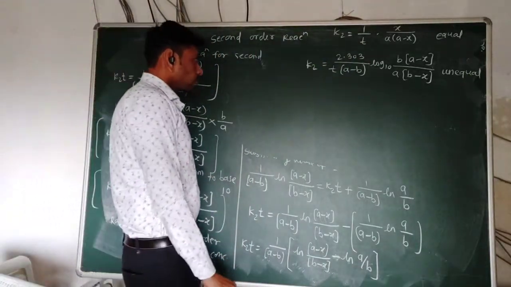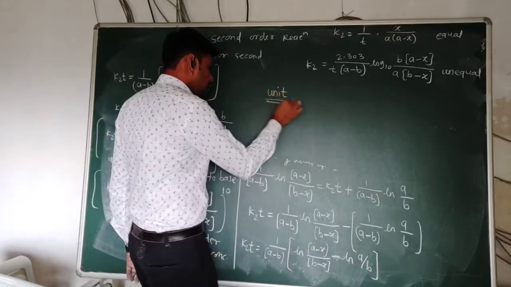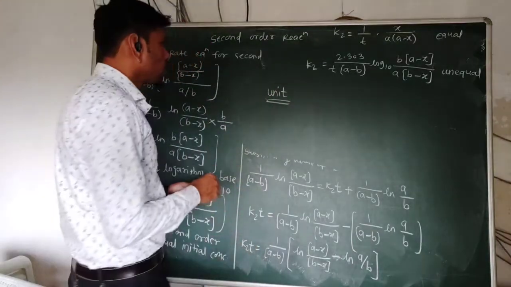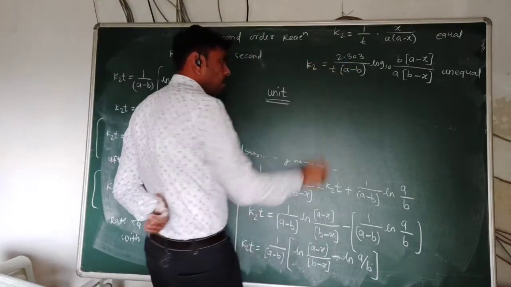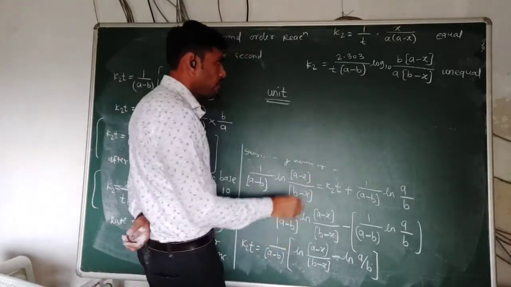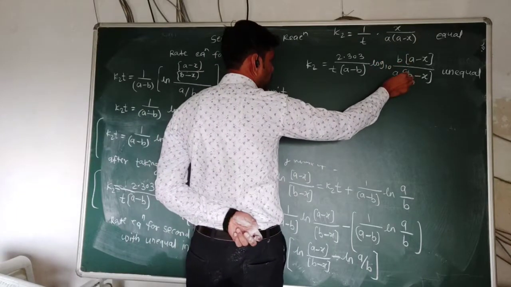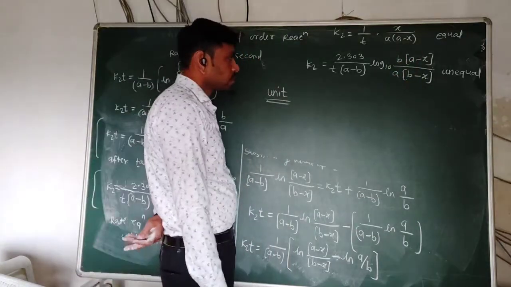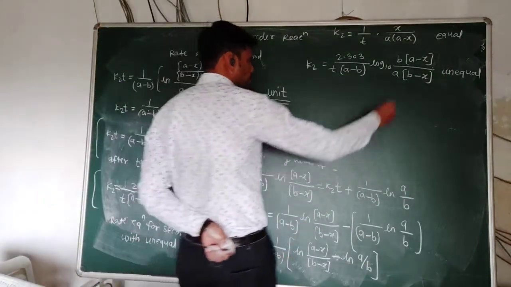Now in this term we have to see the unit for second order reaction. For unequal initial concentration, the unit we have written here. See, this is a concentration term, and this is a concentration term. So these two concentration terms get cancelled.